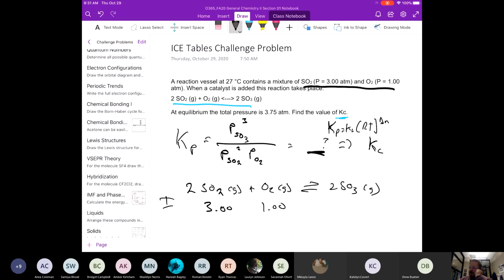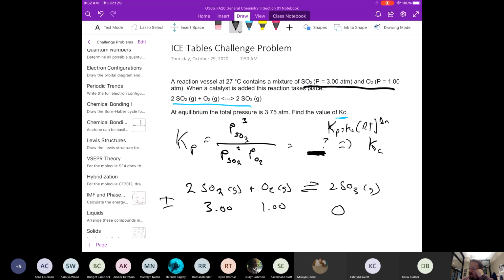And because we didn't put any SO3 into our reaction vessel, we're going to assume that initially the partial pressure of that gas is 0.